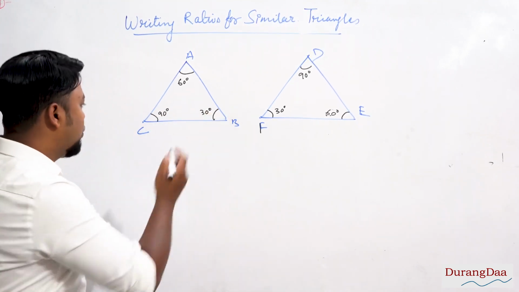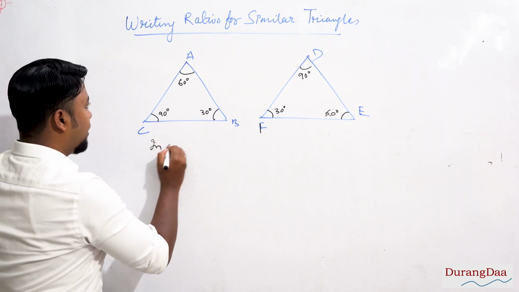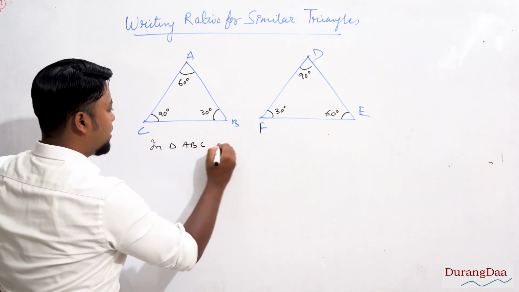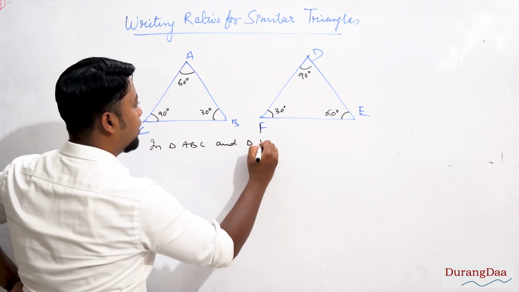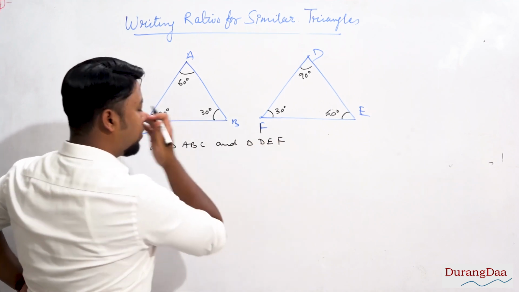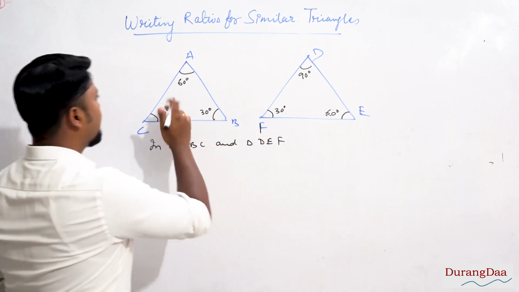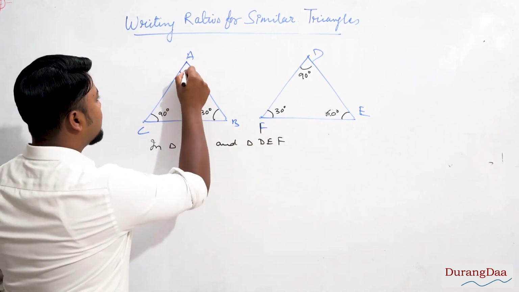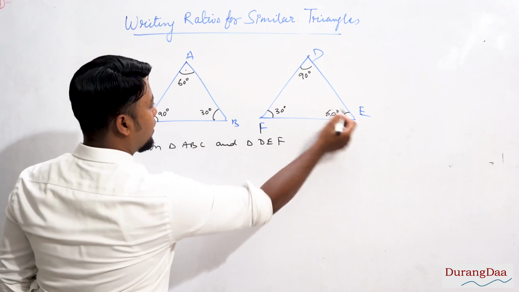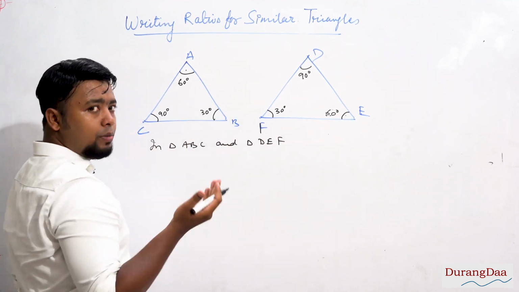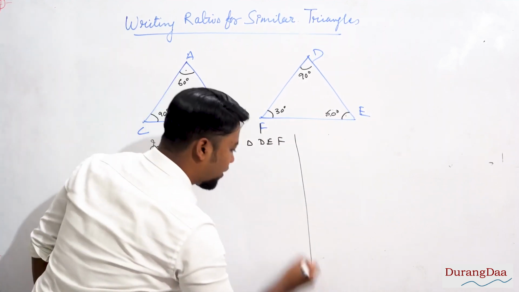So how will you proceed? In triangle ABC and triangle DEF, you are comparing these two triangles. Hunt for the equal angles. First I can see this angle 60 is equal to this angle here. I will show you two methods to draw ratios.